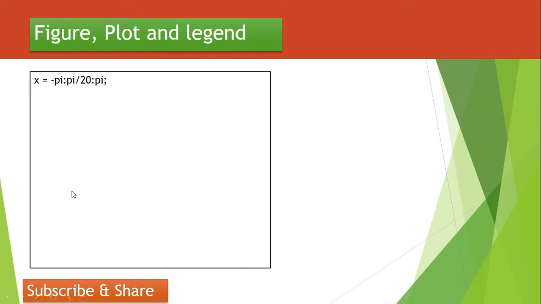So this represents minus pi, the code is represented by pi, and till pi with a difference of pi by 20, meaning it will give almost 20 values in between minus pi to pi. Next we want to plot a sinusoidal wave, so we have used y1 equals sin x, and for the cosine wave y2 equals cos x.